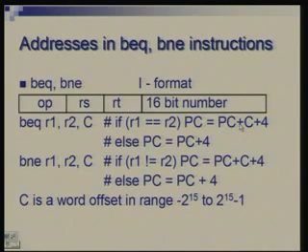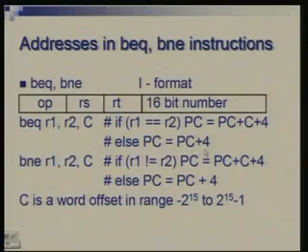There is a subtle reason which is related to the hardware implementation of this, that why we are keeping PC plus C plus 4 and why not simply PC plus C. Okay. So, it is for some hardware convenience which we will see later. So, for the moment you can just notice that depending upon the outcome of comparison, the next value is either PC plus 4 or PC plus C plus 4. It should actually be PC plus 4 C plus 4, because C is a word offset. The next instruction follows similarly.